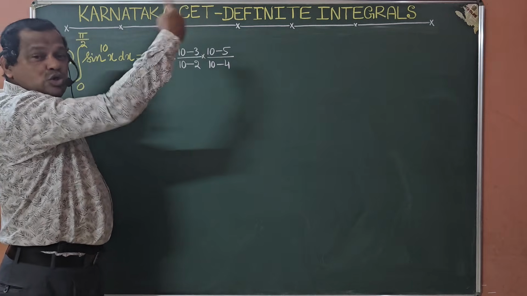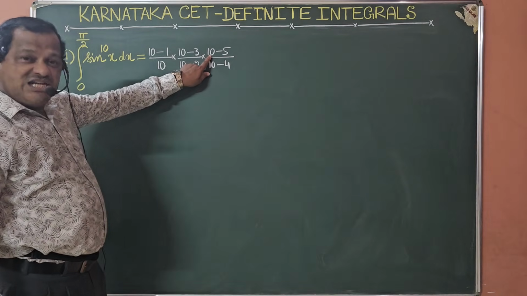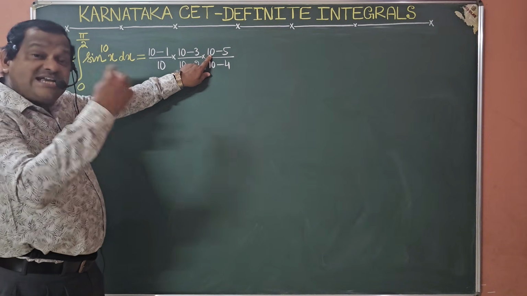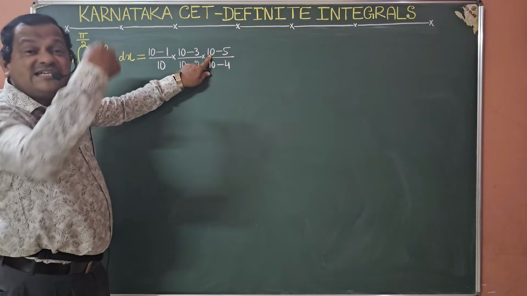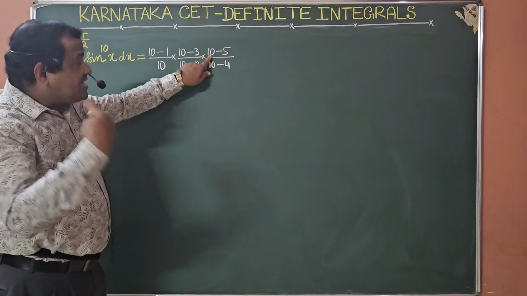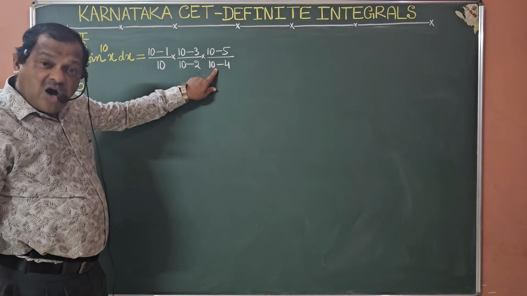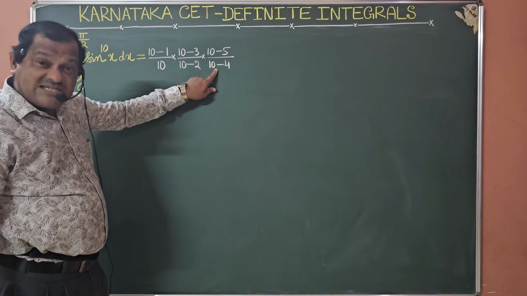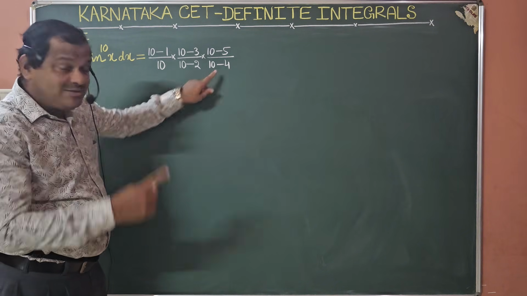Like this I have to keep on writing. But I can reach in the numerator only till 10 minus 9; I cannot go to 10 minus 11, I cannot have a number more than 10. In the denominator also I can have a maximum of 10 minus 8, not 10 minus 10.